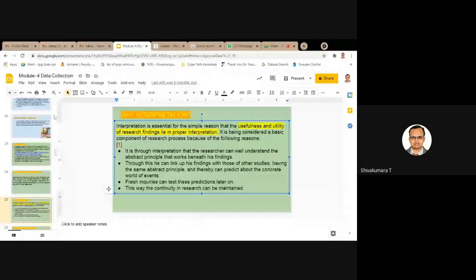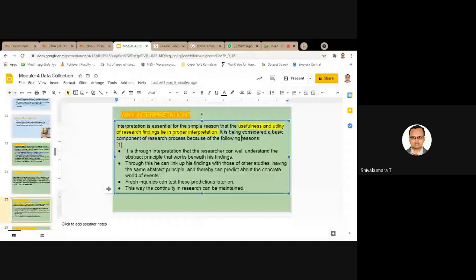This is one reason why we need interpretation in the research process. Interpretation provides meaningful result analysis for your research findings, so that if you are comparing with another researcher, it is going to provide insight in detail into that research work.